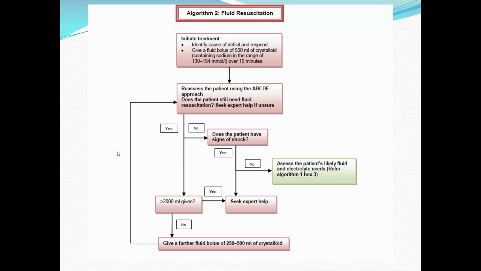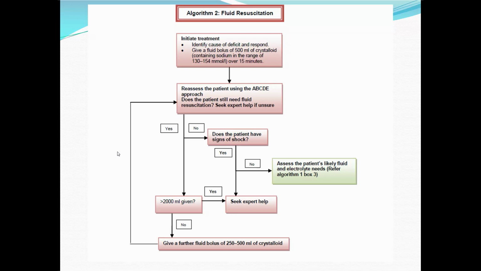So it's all about, just like any other resuscitation mode, assess, reassess, reassess. You give that initial bolus, then reassess the patient, both a physical exam and recheck that lactate, and decide, do they still need more fluids? And you're still in the resuscitation mode, and you just keep going around that circle in a loop.